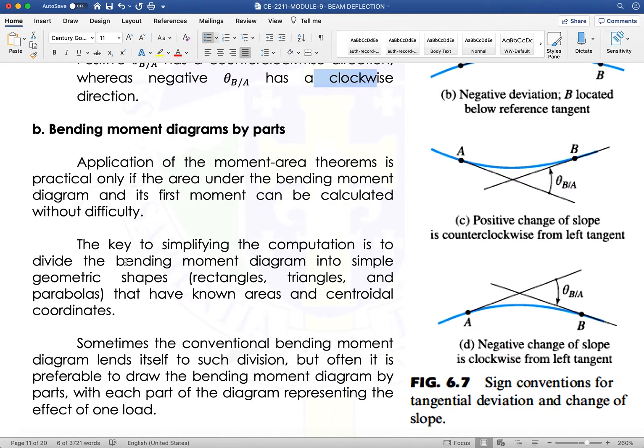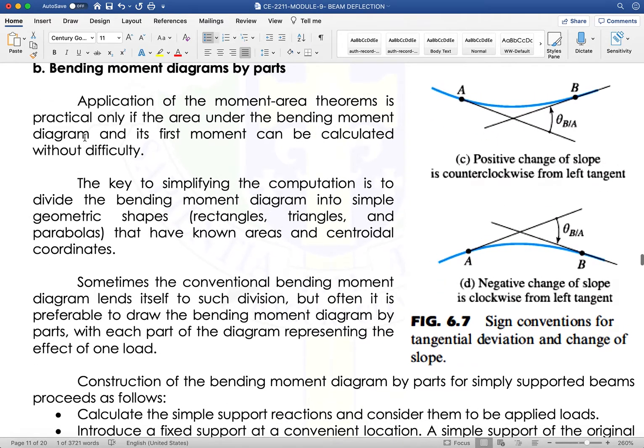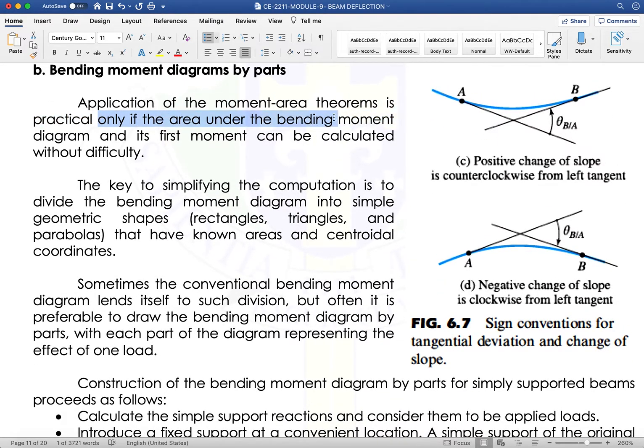So, bending moment diagrams by parts. If we are going to solve our equation, it would be best if we use the bending moment by parts. Okay, so moment by parts, it would be a lot easier. The application of moment area theorems is practical only if the area under the bending moment diagram and its first moment can be calculated without difficulty.